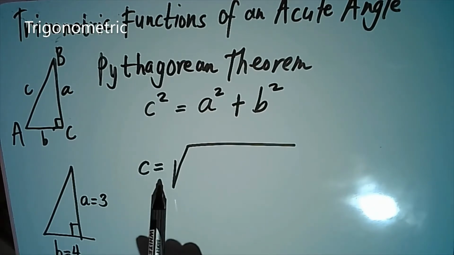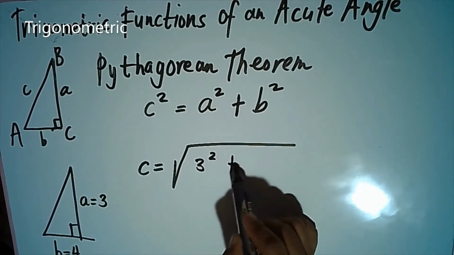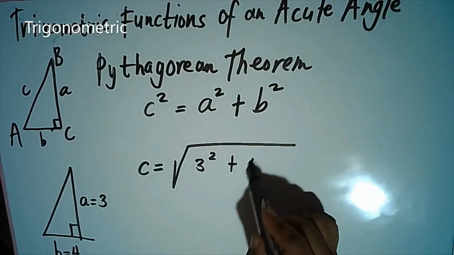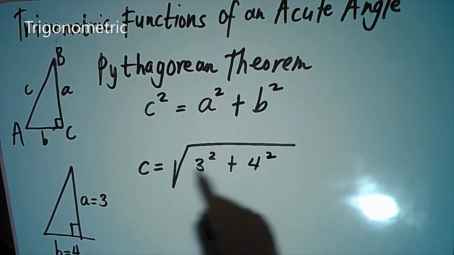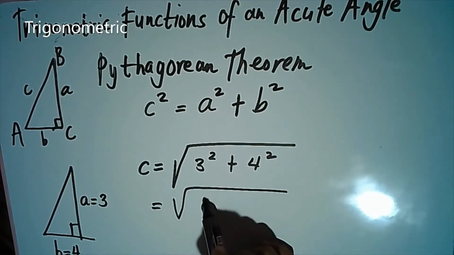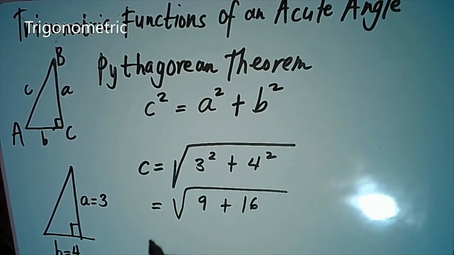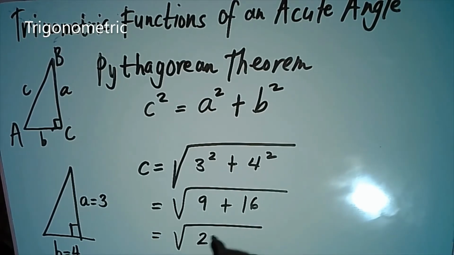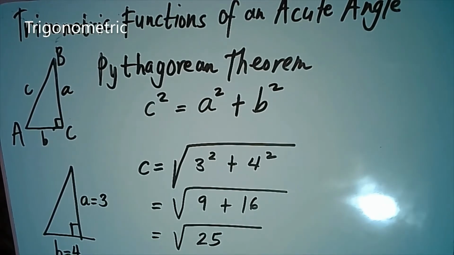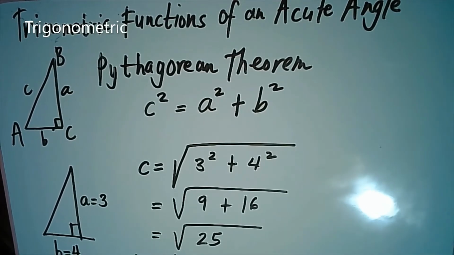So c is equal to the square root of 3 squared plus 4 squared, which is equal to 9 plus 16. 9 plus 16 is 25. So the square root of 25 is equal to 5.